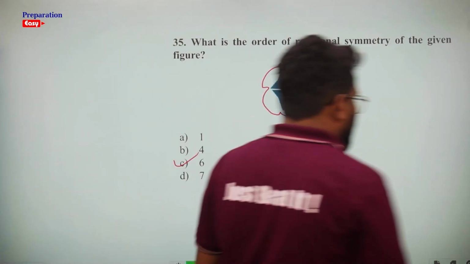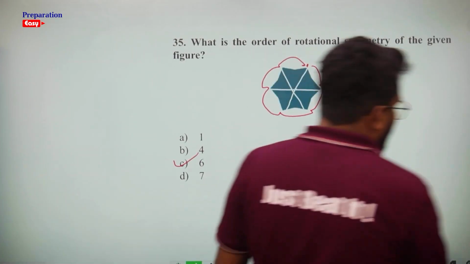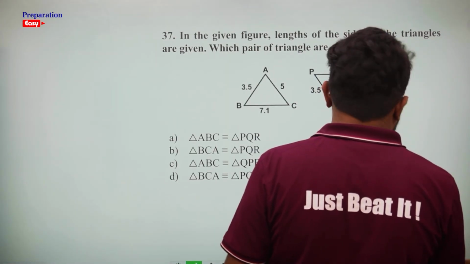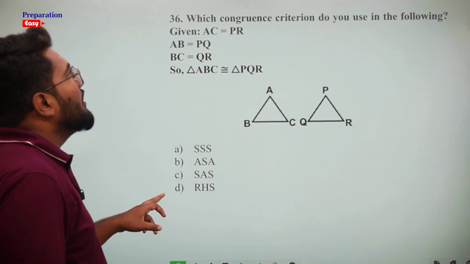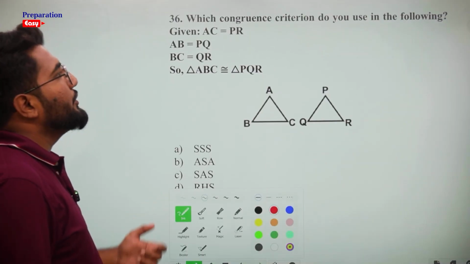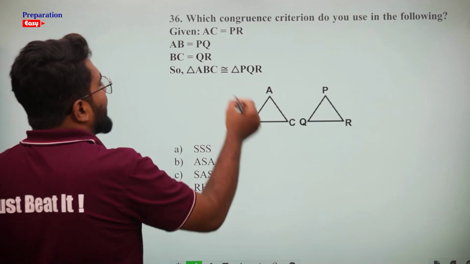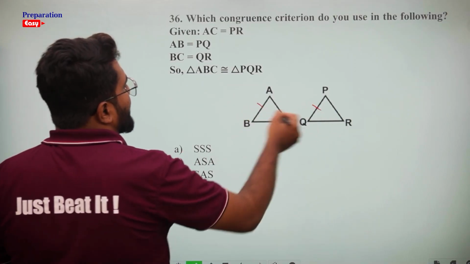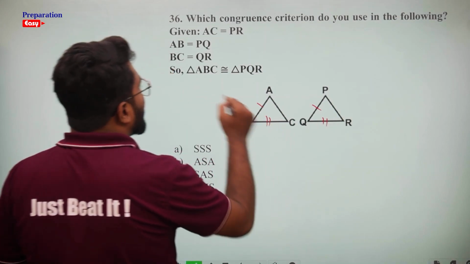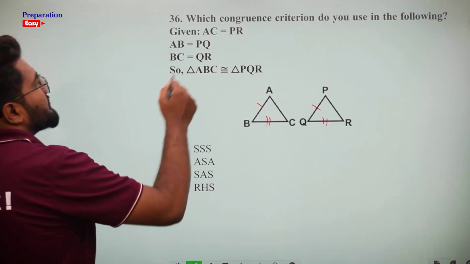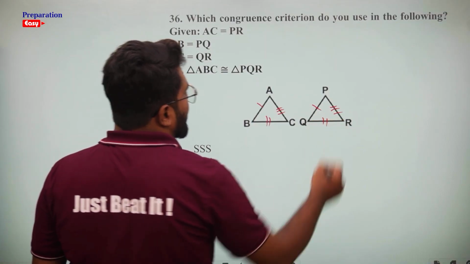Okay, let's move towards next question, question number 35 has been finished. 36th question. Which congruence criteria do you use in the following? If AB equals PQ given, BC equals QR given, and AC equals PR given.